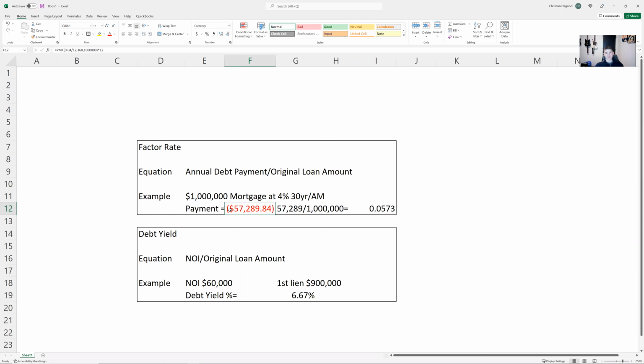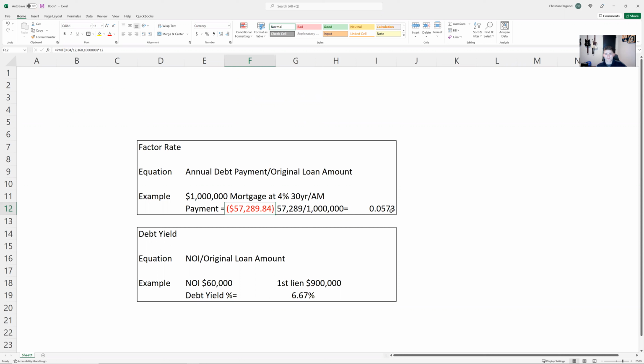That is our total annual payment. We're going to take our total annual debt payment and divide that into our original loan amount, and we've got what's called a factor rate, meaning that we can multiply 0.0573 times any loan amount, and you know exactly what your debt costs.